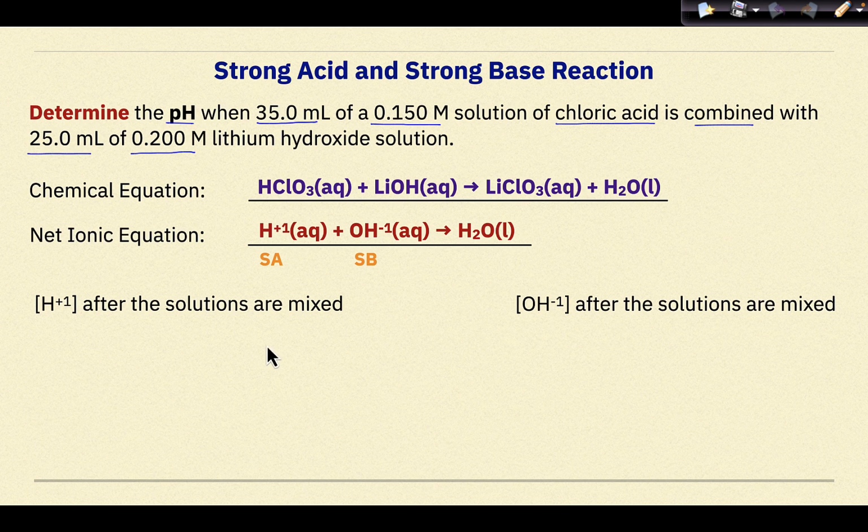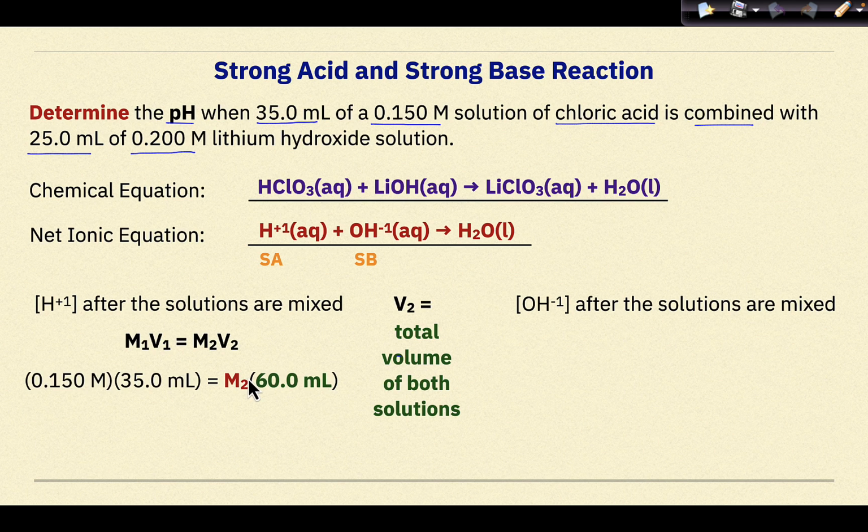We're going to start by solving for the hydrogen ion concentration after the solutions are mixed. So we're going to write the dilution formula, noting that the V2 right here is going to be the total volume of both solutions. Next, we're going to substitute the numbers from the stimulus into the formula, where the initial molarity of the strong acid is 0.150 and the initial volume of the acid is 35.0 milliliters.